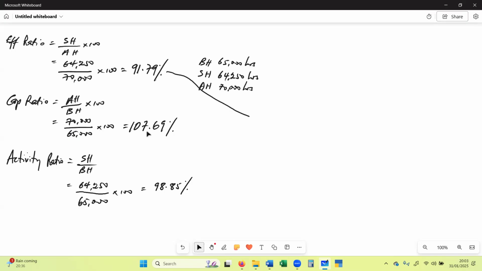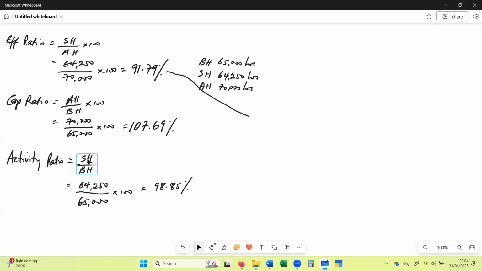And then the 107, so they used 7.69% more than they budgeted for. And in terms of the plan, if you are considering the two plans, because standard hours is a plan, budgeted hours is also a plan.